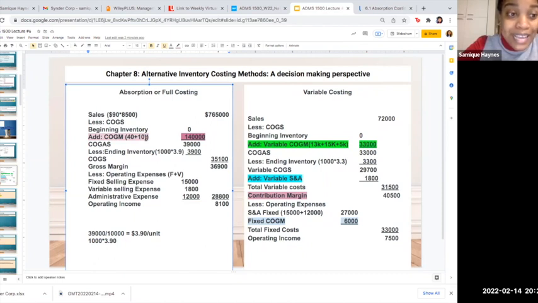40 times 10,000 is what's going to tell us how much it is for the variable manufacturing cost, because remember 40 is a per unit amount. That's just for one unit. Another way we can do that is we know that the $40 is the per unit for variable manufacturing. 10 is the one for fixed manufacturing.